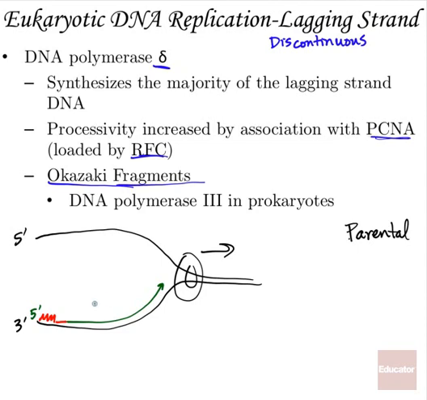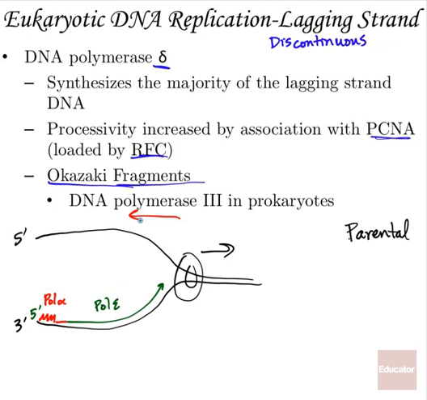Remember, this is pol epsilon. This is pol alpha. So what we have on our leading strand, we're following the helicase. On our lagging strand, we're going the opposite way of our helicase, meaning we're going in this direction.